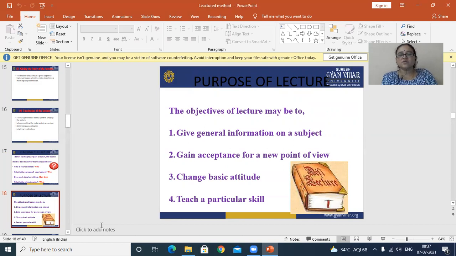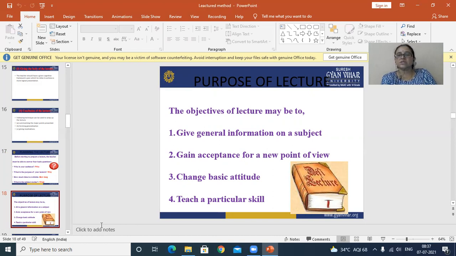The objectives of lecture may be to give general information on a subject, gain expectation for a new point of view, change basic attitude, teach particular skill.